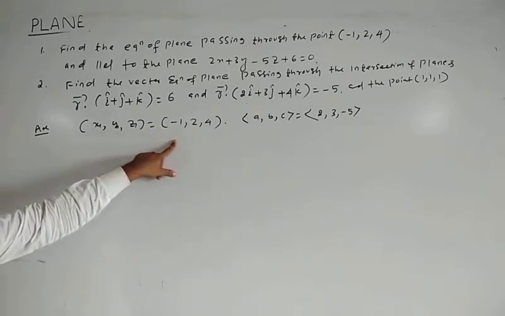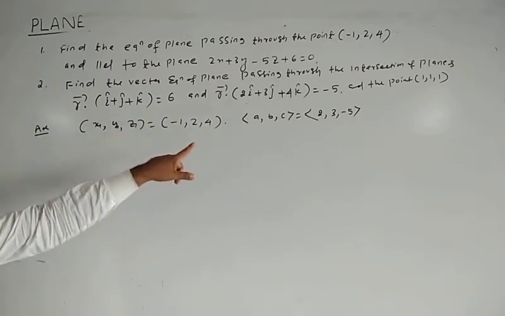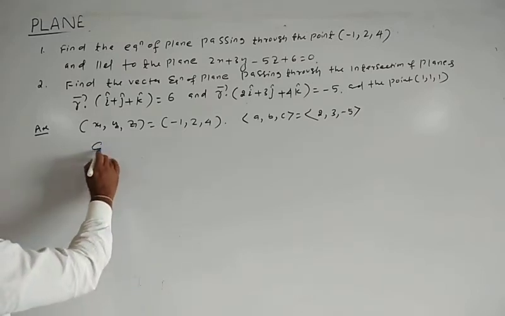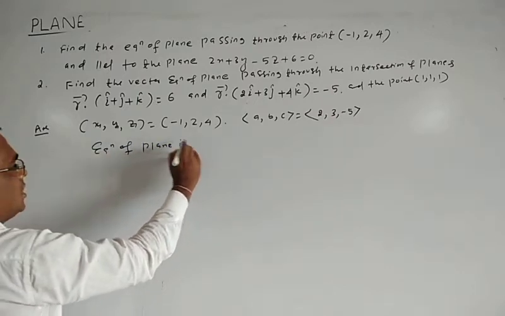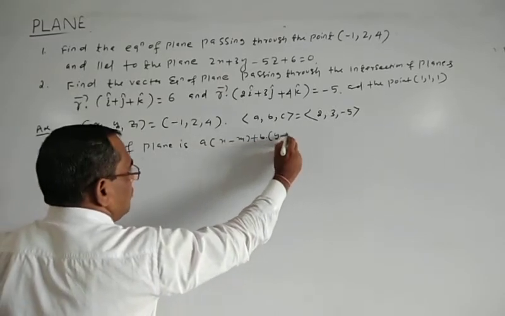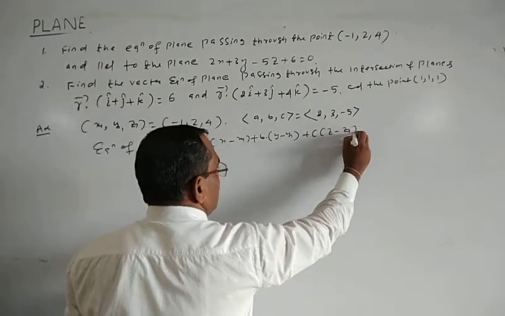You know the equation of the plane passing through a point with direction ratio of normal a, b, c is a into x minus x1 plus b into y minus y1 plus c into z minus z1 equal to 0.